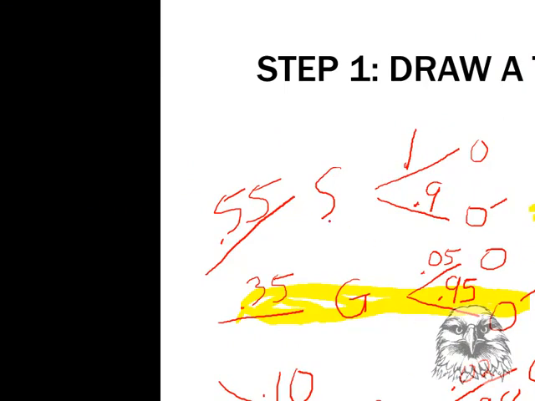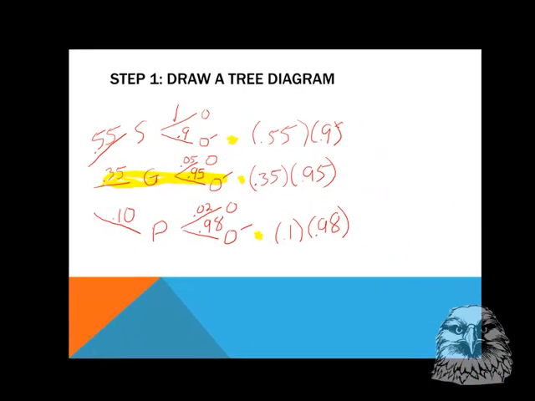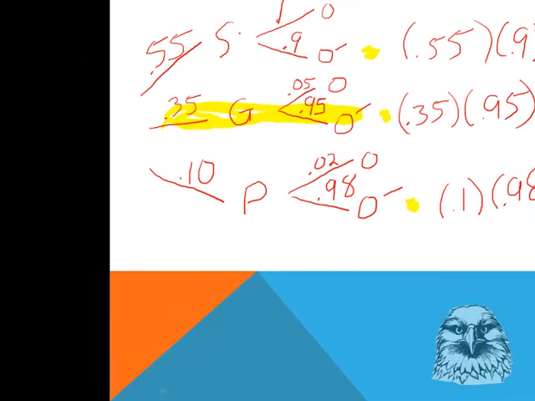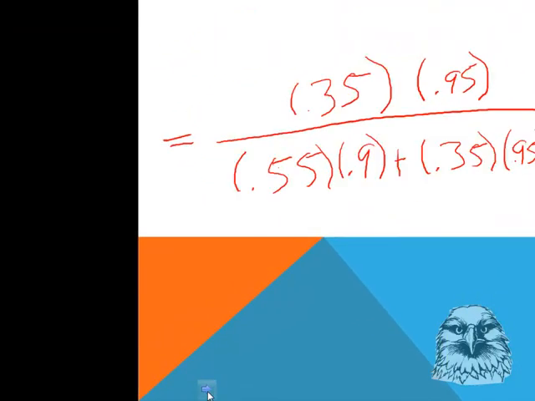In other words, you would expect the probability of them being silver, given that they're not overdue, to be the highest percentage, and indeed it would be. Gold would be somewhere in the middle, and then platinum would be the lowest of the bunch. So you would expect this to be the biggest, this somewhere in the middle, and this to be the least. So I think that our answer here is pretty reasonable, and I'm going to stick with that.